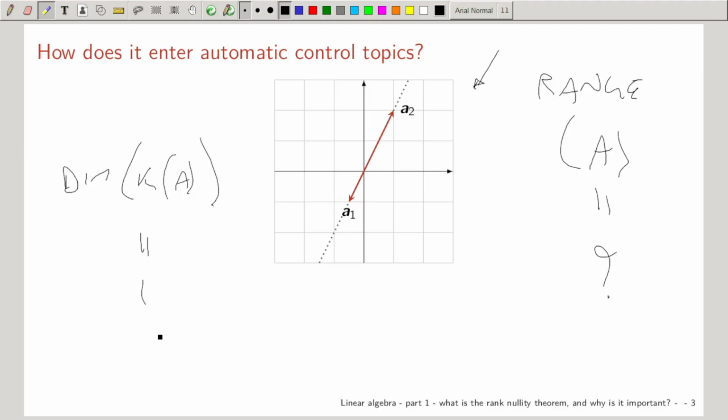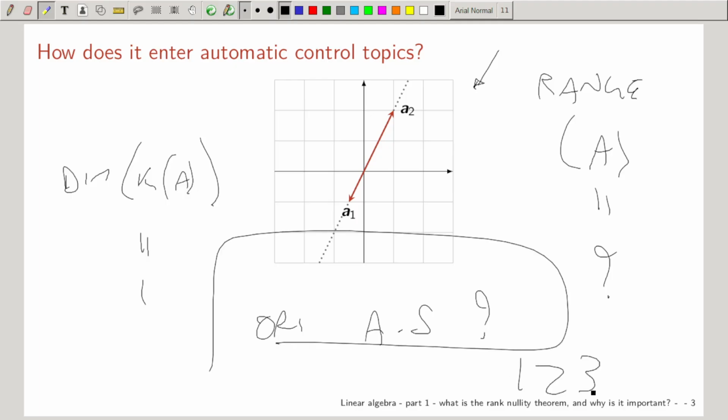True? Can the origin be asymptotically stable? Yes, no, I do not know. Asymptotically stable means convergent and marginally stable.